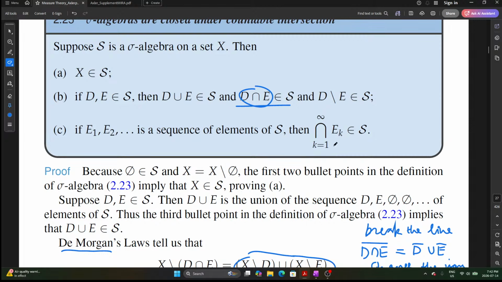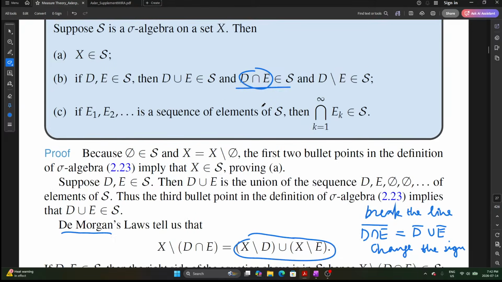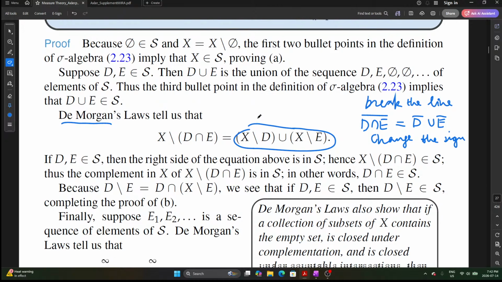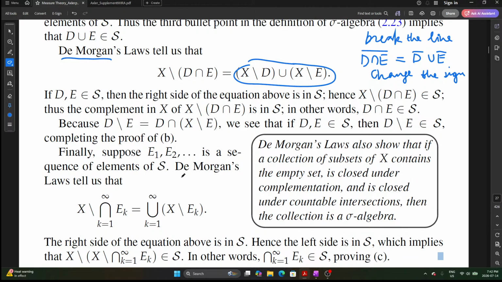And the proof for C is very similar to the proof of the second result in part B, closed under finite intersection. They're quite literally the same. The steps are quite literally identical. So you can recall the De Morgan's law for countable operations.